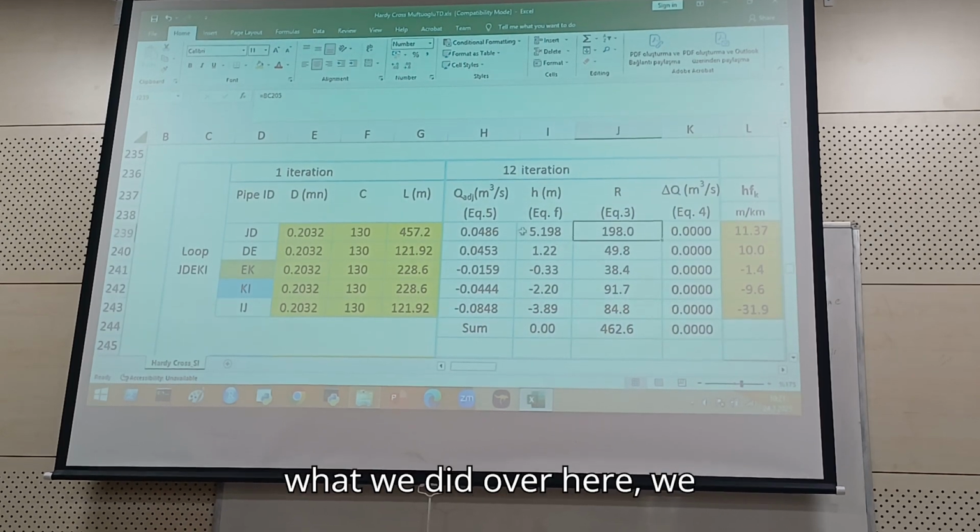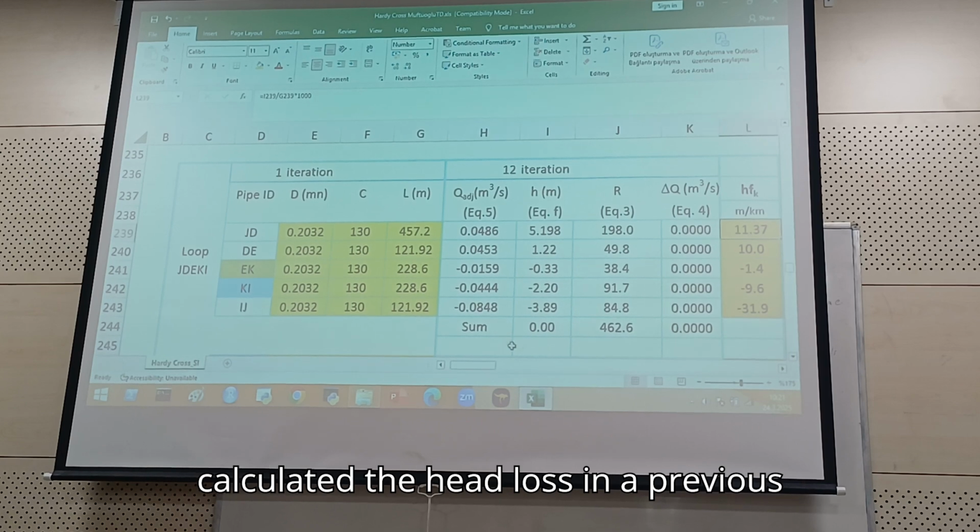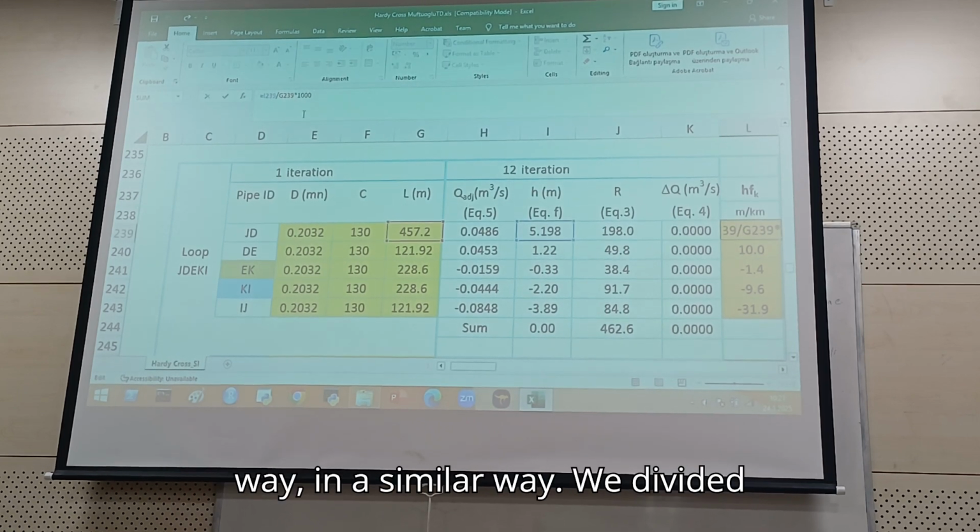And what we did over here, we calculated the head loss in a similar way.